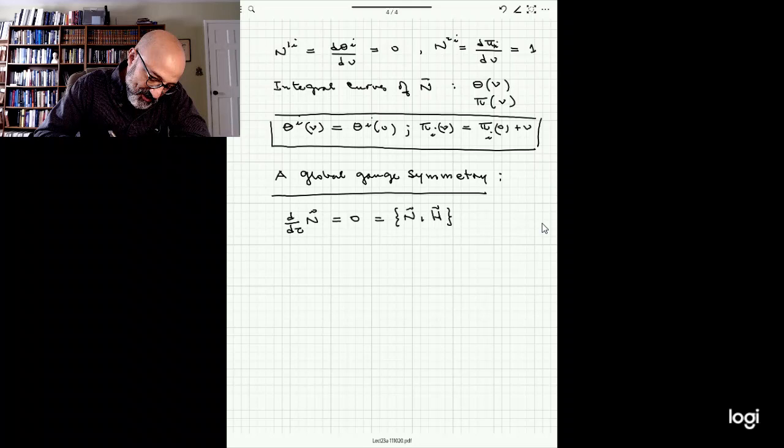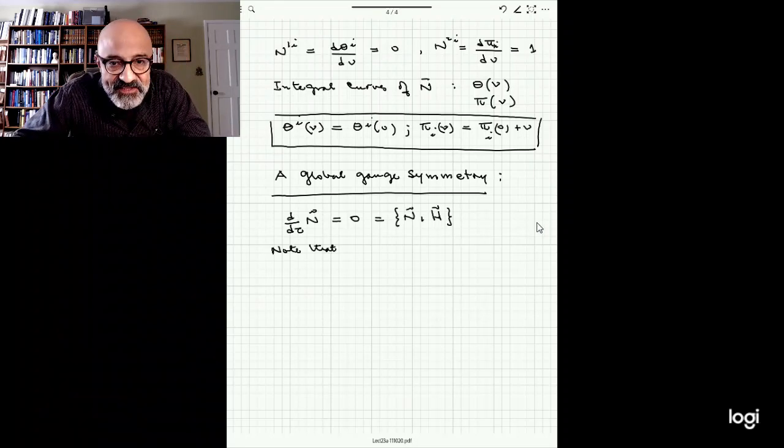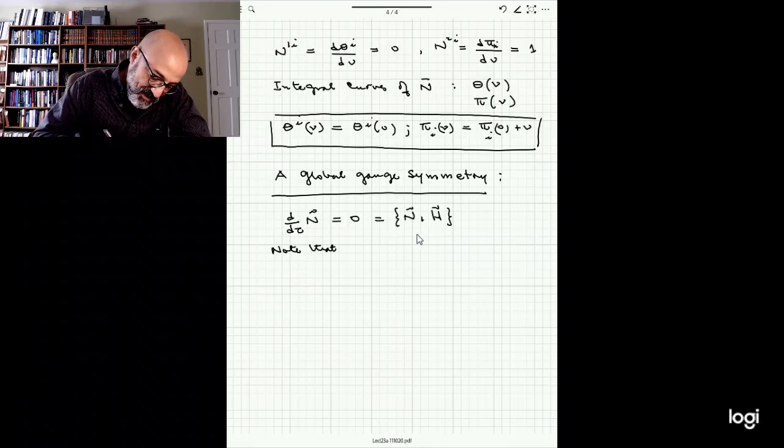But note also that if n is preserved along H, then H is preserved along N. Why?